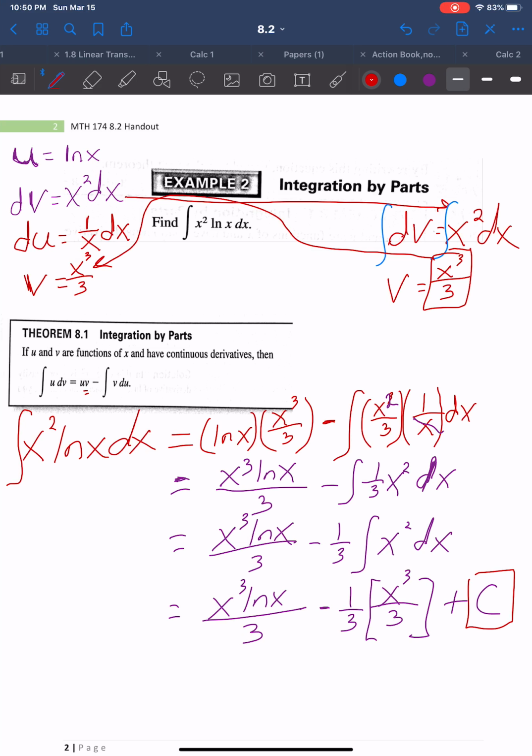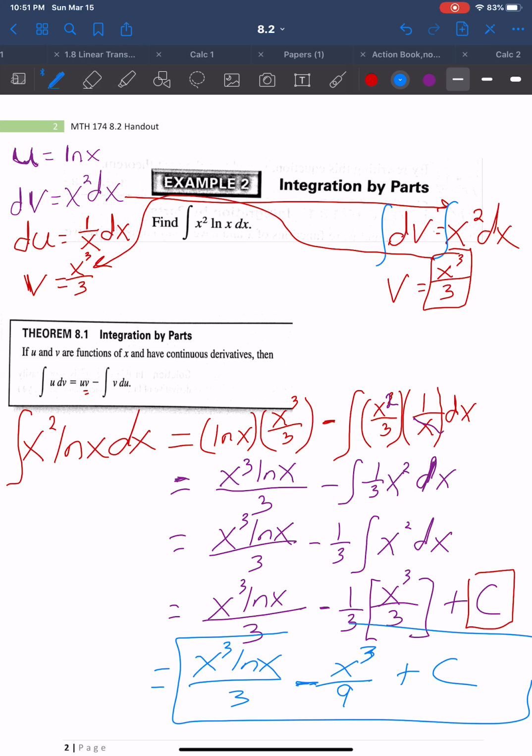But the derivative's done, okay? It's just cleaning it up to appease the people with the red markers and red pens at this stage. So that ends up being minus x cubed over 9 plus c.